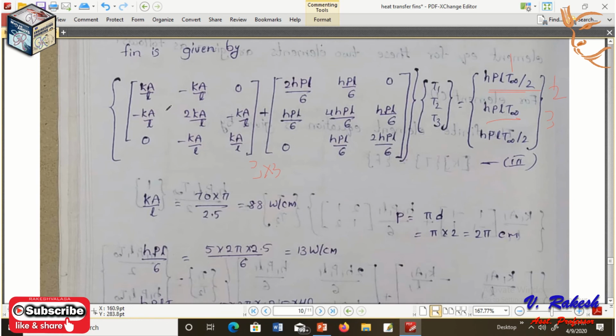Now calculate all those terms, that is Ka by L, that equals 70 into A, area pi, by L 2.5, that equals 88 watt per centimeter, and also calculate HPL by 6. H is heat transfer coefficient 5 into perimeter. The formula for perimeter P equal to pi d, diameter 2 centimeter, that is 2 pi centimeters. 5 into 2 pi into length 2.5 by 6, that is 13 watt per centimeter.